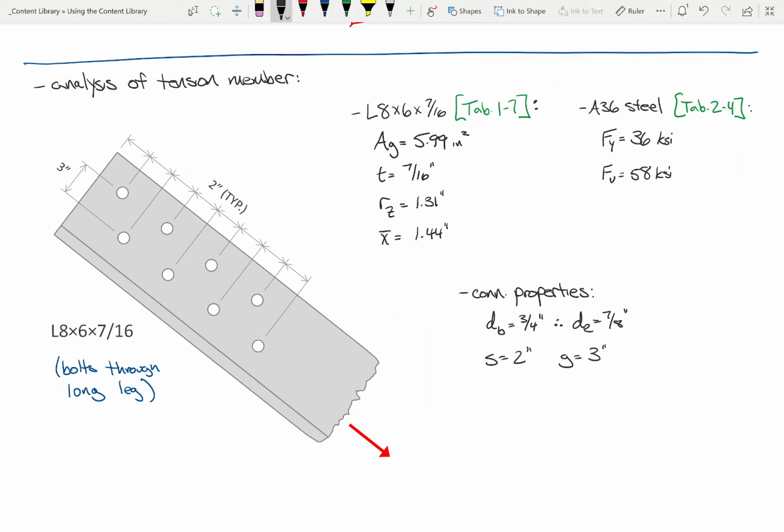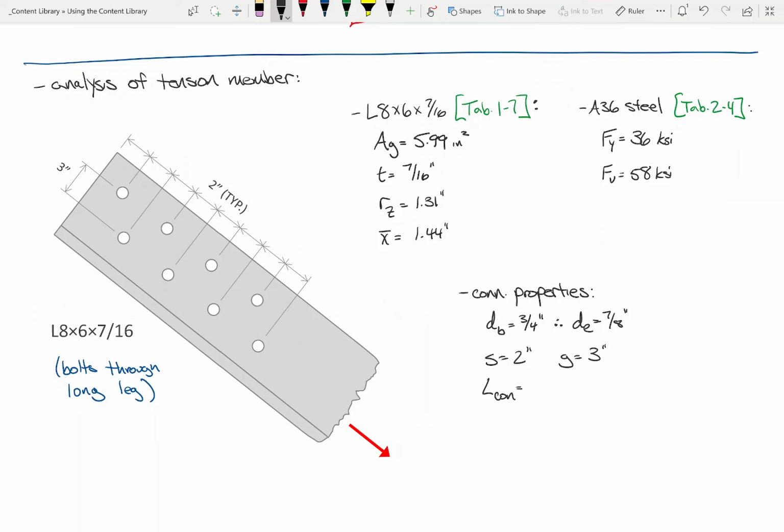I got 2 other values that I kind of want to figure out for this member before we start doing some math. The first is the length of the connection. What is the length of the connection? 14 inches, right? 1, 2, 3, 4, 5, 6, 7, out to out.